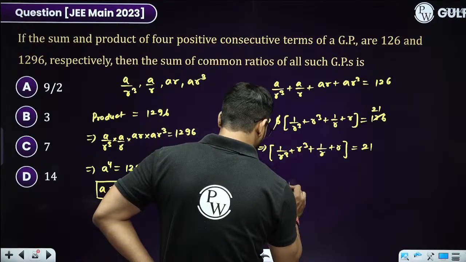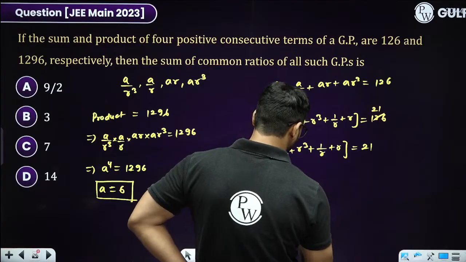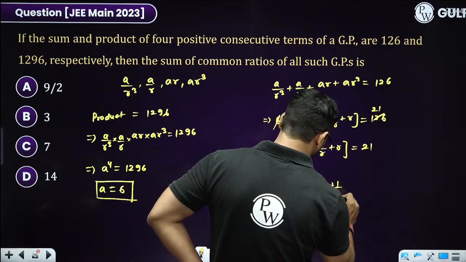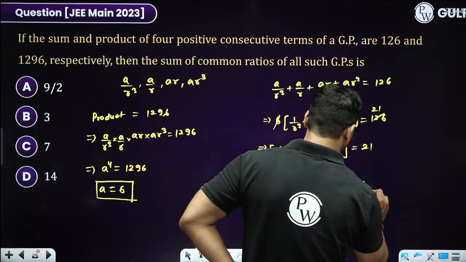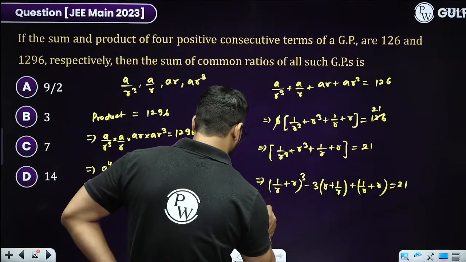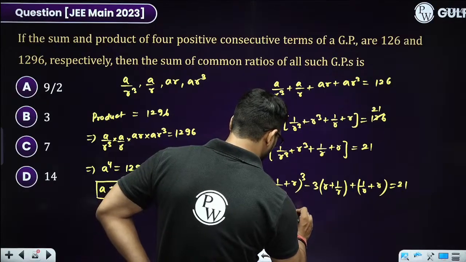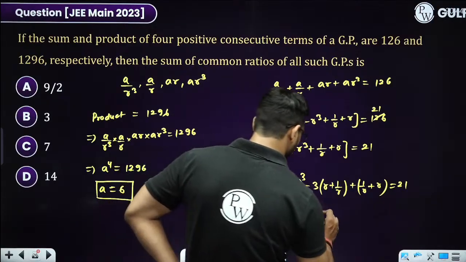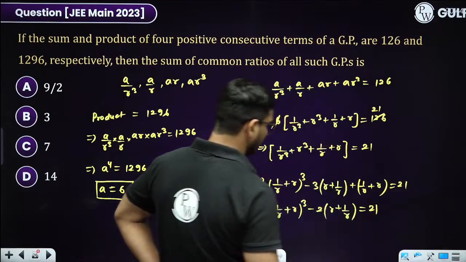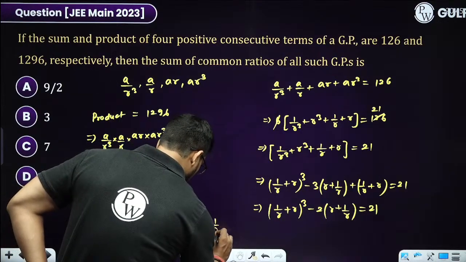So 1 by R cube plus R cube is R plus 1 by R whole cube minus 3 times R plus 1 by R, and here we have 1 by R plus R equals 21 on the other side. Assume R plus 1 by R as T.